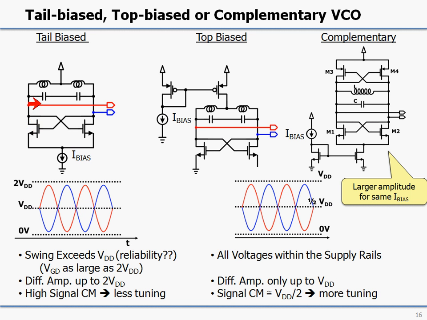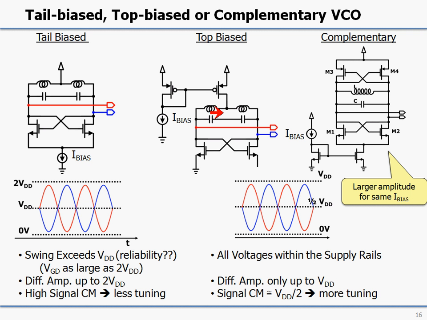Also, a high common mode level for the signal sometimes gives you reduced flexibility in getting a good tuning range out of your varactor. So we can switch to top-bias topologies. In this case, we can keep the common mode of the signal around half of the supply and make sure that all the signal swings stay within the supply rails. Of course, now the signal swings are going to be smaller, which can have an effect on noise, but we have better reliability in many cases.